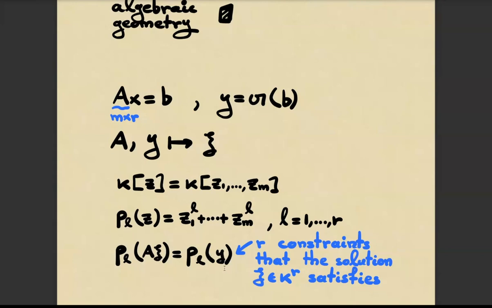And I keep going like this until I have as many equations as the dimension of the solution I'm looking for. This is exactly the number r. So, okay, we take the first r power sum polynomials. So here's a system then, a polynomial system of r equations in r unknowns.